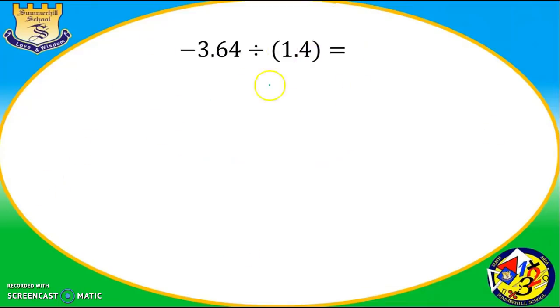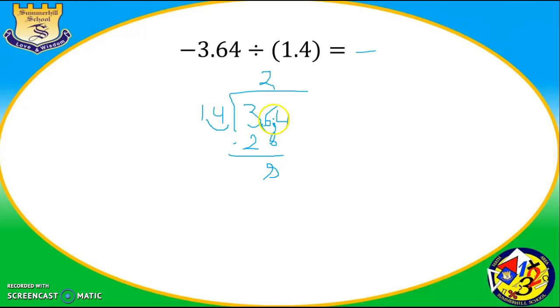Now, to divide decimals. So here, different sign, the answer is negative. 3.64 divided by 1.4. So you have to move the point because the point has to disappear here, one place. And here move one place the point, and now the new place is here. 14 in 36 is 2 times. 2 times 14, 28. 36 minus 28.